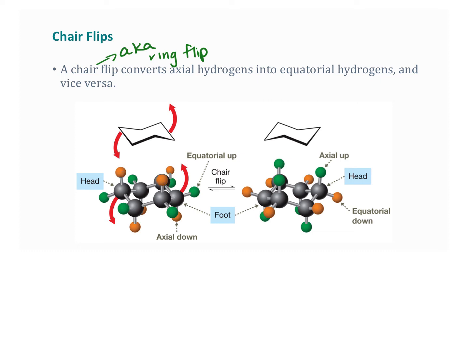Look at everything in orange that we said was axial. Notice when you do a flip, now they're all equatorial, and everything that was axial is now equatorial. So a chair flip is going to convert things that were axial to equatorial, the hydrogens, and vice versa. So converting from one chair conformation to the other is really only a partial rotation about the carbon-carbon bonds.